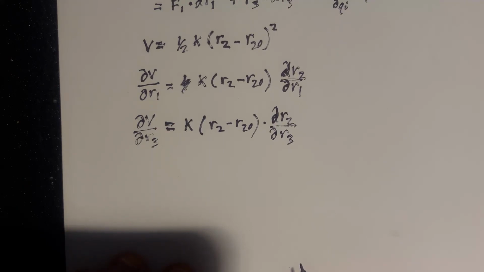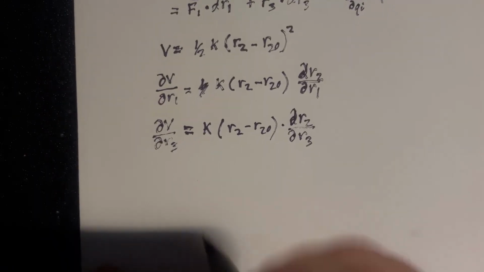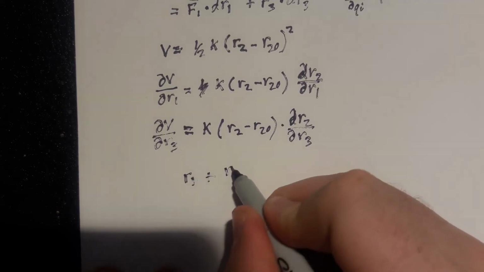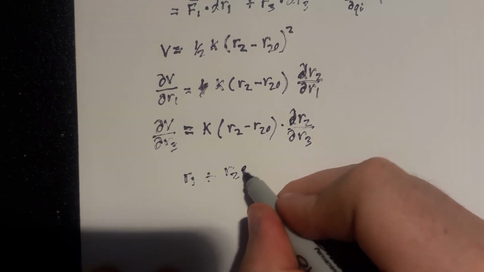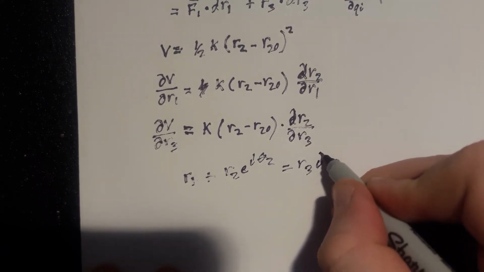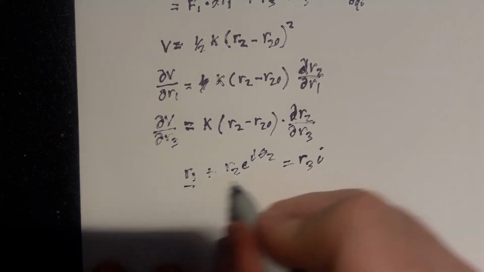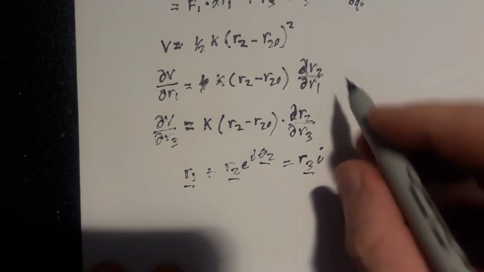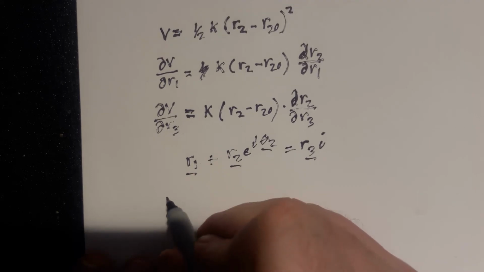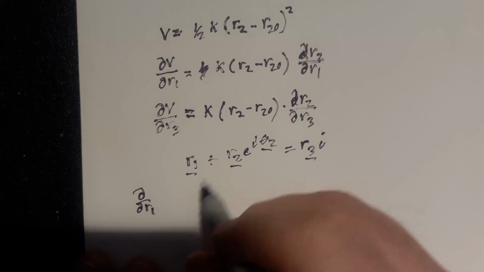Okay, and so what we do for that is we go back to our kinematic equation, and we have R1 plus R2 e to the i theta 2 equals R3 i. Now, all these things change, and so the first kinematic coefficient we need is a partial with respect to R1. Okay, and so we're going to take the partial derivative of this equation with respect to R1.